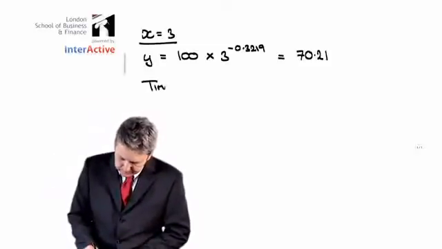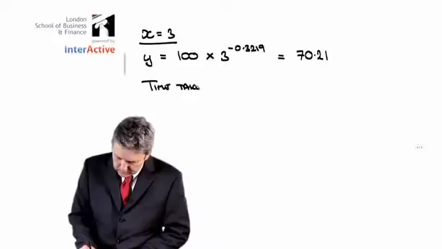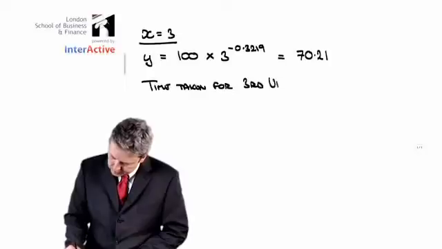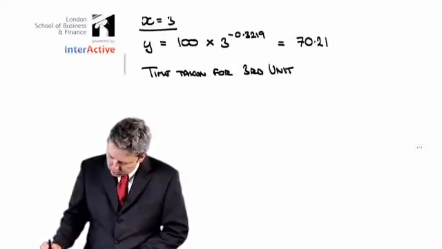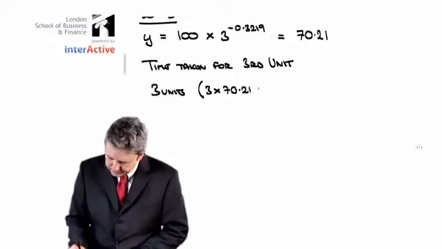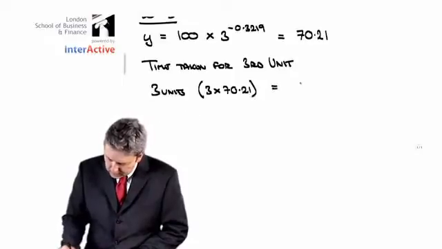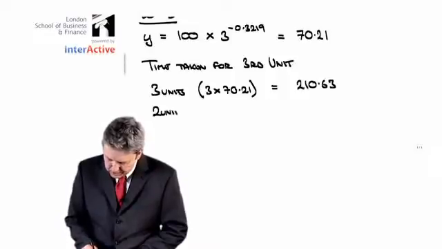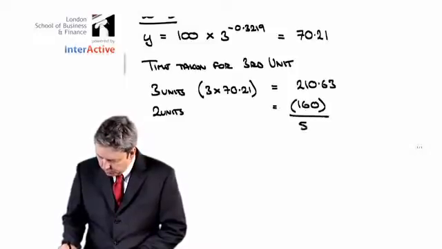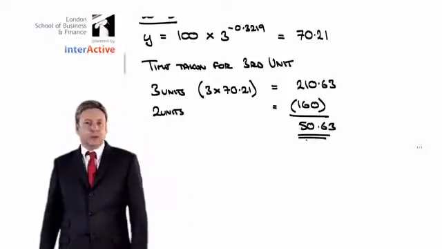If we want the time taken for the third unit, all we're going to say is that 3 units take 3 times the figure we have above, 210.63. 2 units we established before took 160 hours, therefore 50.63 hours is the amount of time for the third unit.